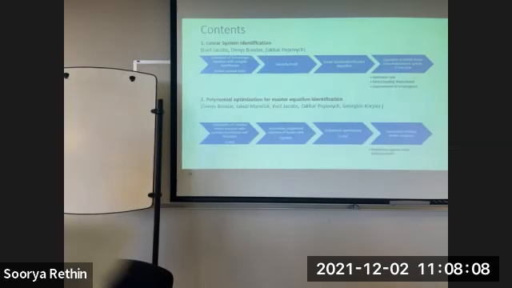Now the main body of my presentation, which is about two separate methods. I have two parts of the presentation, and the first part is dedicated to linear system identification, this classical method. I will go through all the steps of our data pipeline, how we process the information, starting from a short explanation about the simulation of initial data, which was done by Kurt Jacobs at the US Army Research Lab.